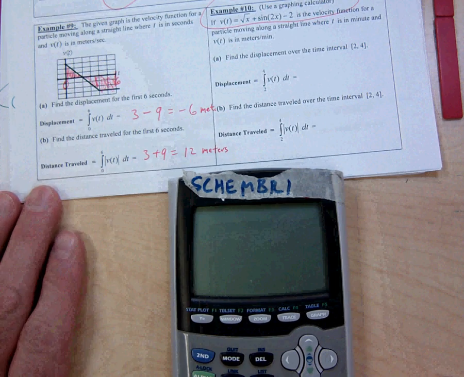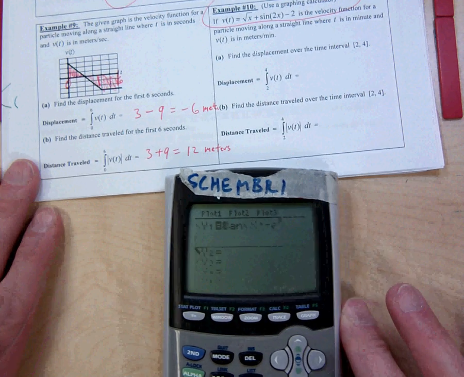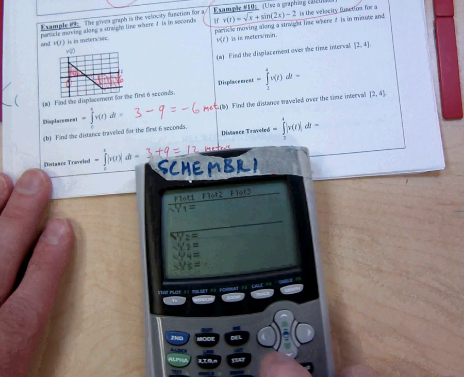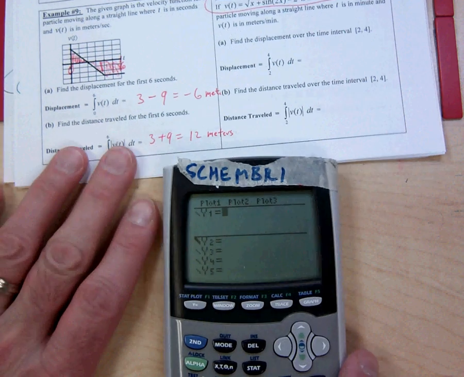So suppose I give you the velocity function, and I let you use a calculator. Well, here we go. First thing you want to do is put it in y1, and make sure you're in radian mode, by the way.